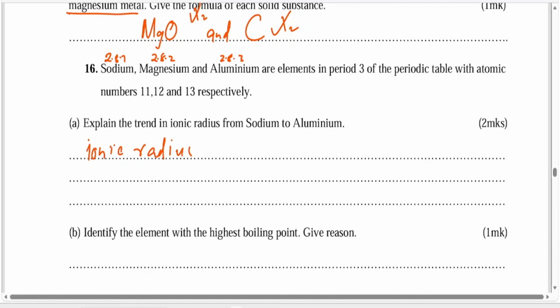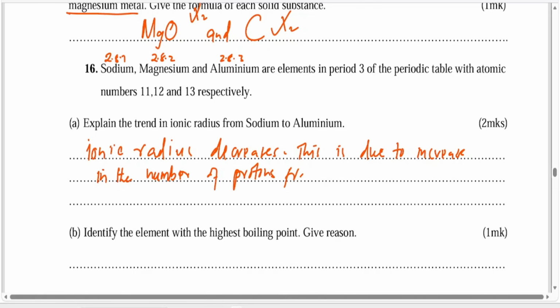Ionic radius decreases. So we explain by saying that this is due to the increase in the number of protons from sodium to aluminium, which increases the nuclear attraction.